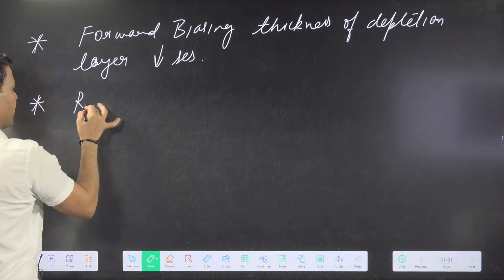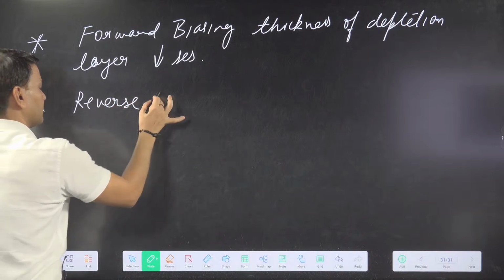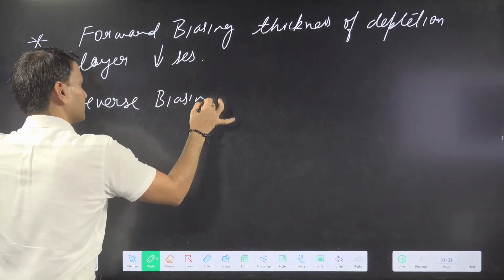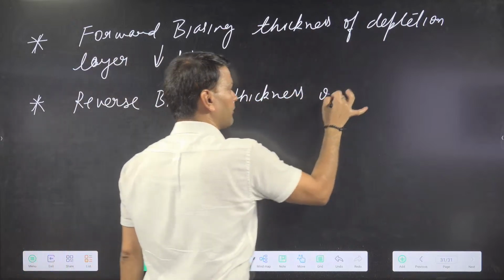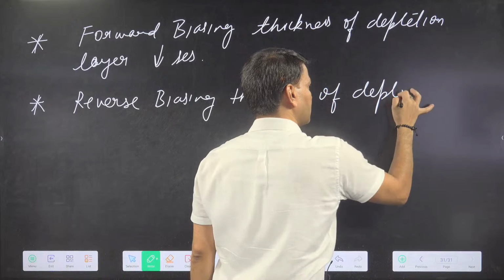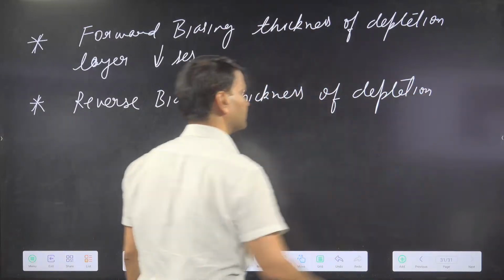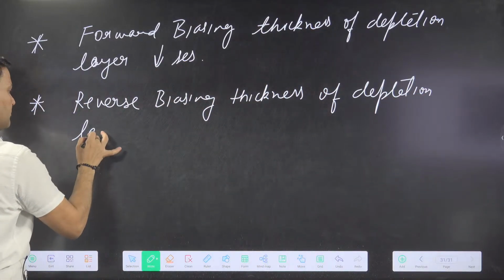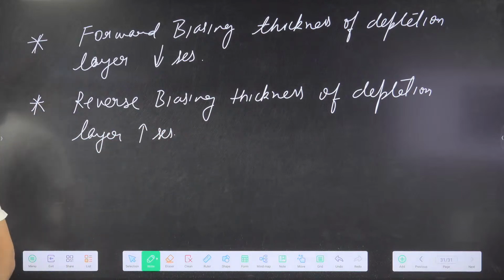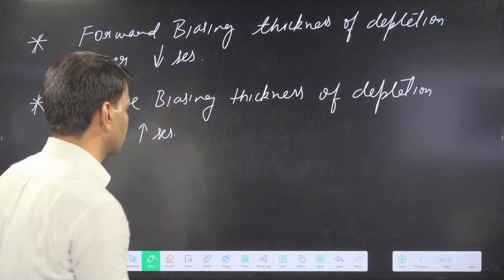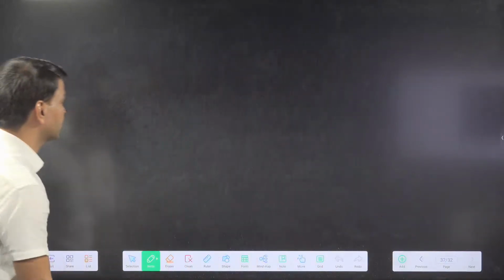And in reverse biasing, the thickness of the depletion layer increases.